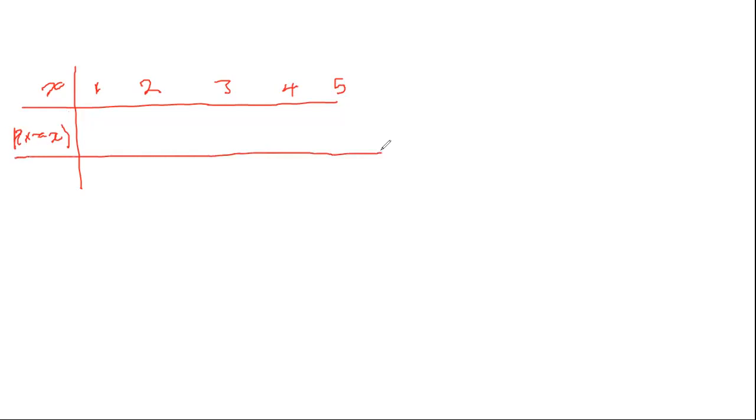So we have x running from 1, 2, 3, 4, 5. We have the probability of X equal to a small x. Since we are going to find the standard deviation, which is the root of variance, we need to create a column x squared times probability.